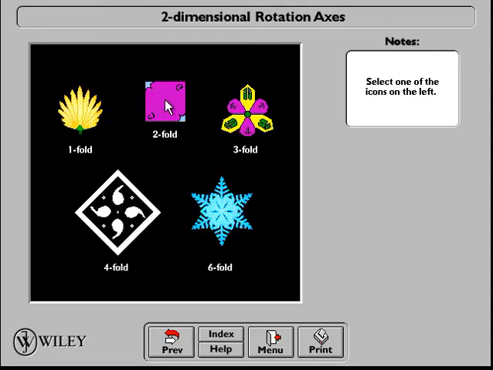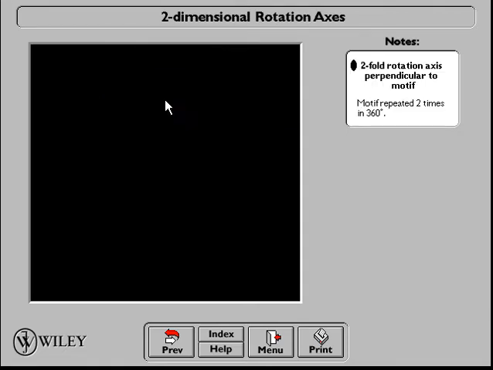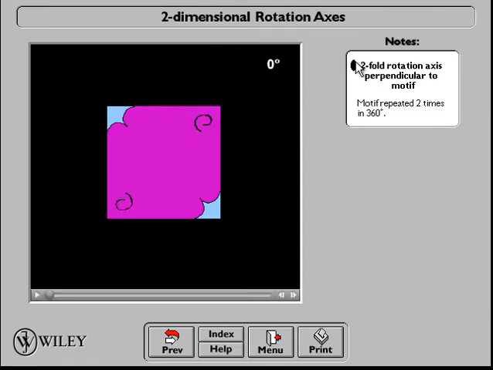Now we are going back to the two-fold axis. Here we have the symbol of a two-fold rotation axis perpendicular to the motif. That means the motif repeats 2 times in 360 degrees. So then we are talking about a two-fold rotation axis. Let us check if this is true.